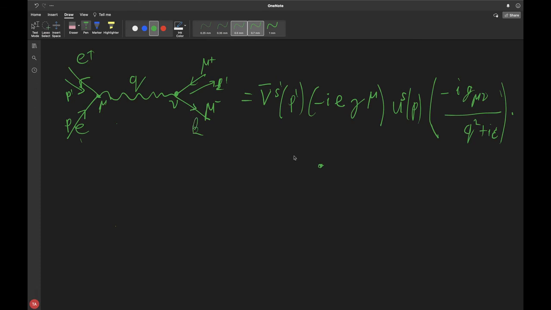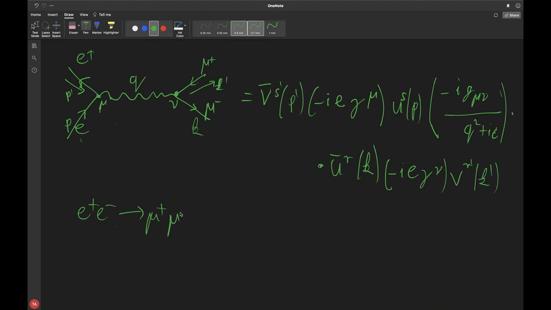So we have the antiparticle and the particle again, so that's going to be u bar r of k, and we have the vertex minus i e gamma nu, and we have v r prime of k prime in the end. So this was the electron positron moving to a muon and an antimuon process.